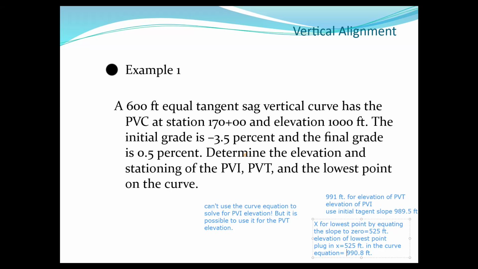Because it's a constant rate change, the slope is changing at a constant rate. That's the whole story of the parabola, right? The grade changes at a constant rate. 600 feet to change the grade by 4%.